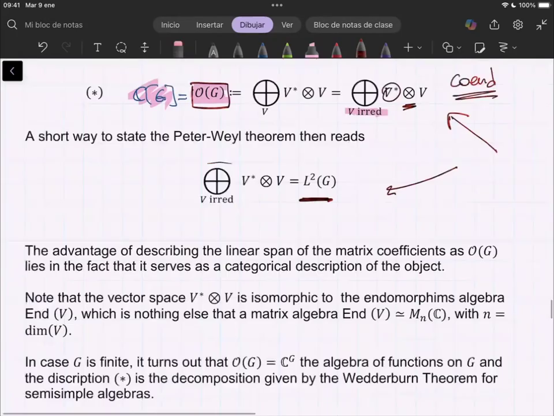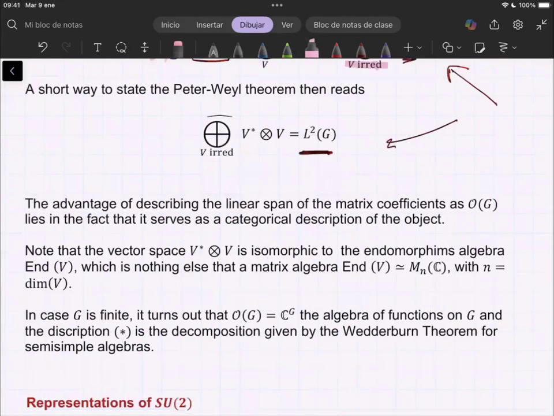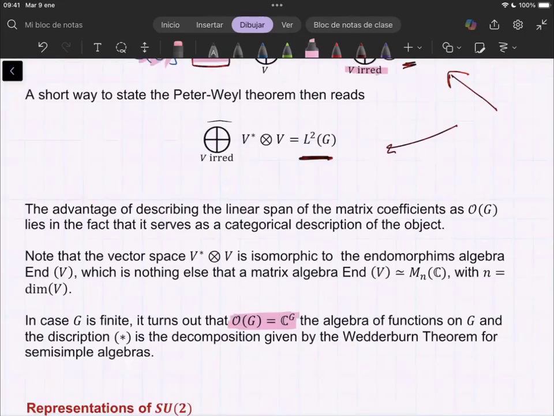As I told you before, if the group is finite, the algebra of functions O of G is the algebra of functions on the group on one hand, and on the other hand it is the direct sum of the algebras of endomorphisms of the vector spaces V, which, as one learns in linear algebra, I hope, sometimes no, it depends on who is teaching linear algebra, are just matrix algebras once we fix a basis.